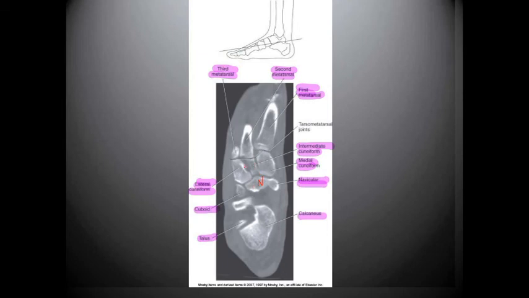Okay, so we have the navicular, lateral cuneiform, intermediate cuneiform, medial cuneiform, cuboid, calcaneus, first metatarsal, second metatarsal, third metatarsal.